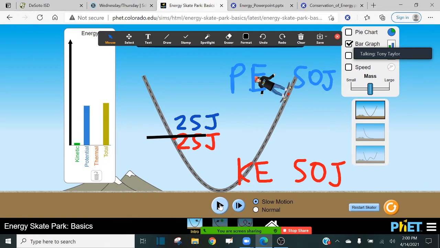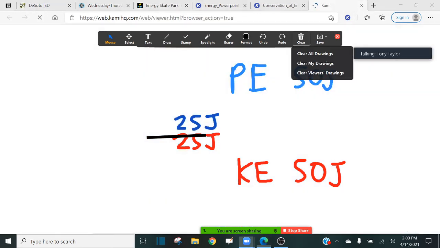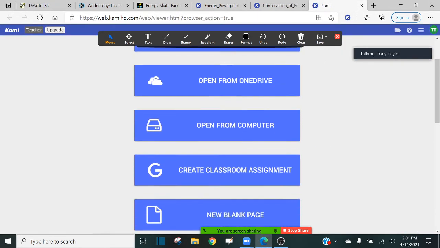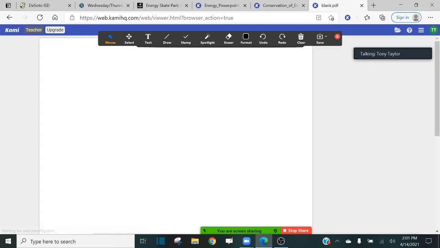With that said, guys, let me write down the most basic equation that you are going to use for your assignment. This is the most important thing.